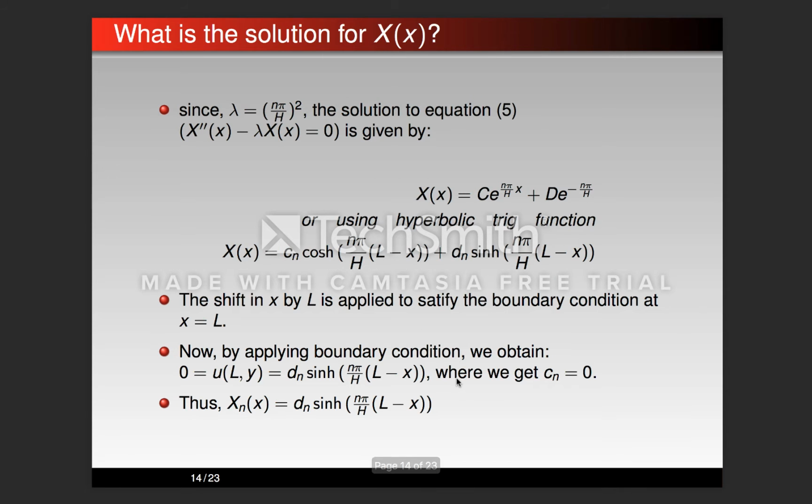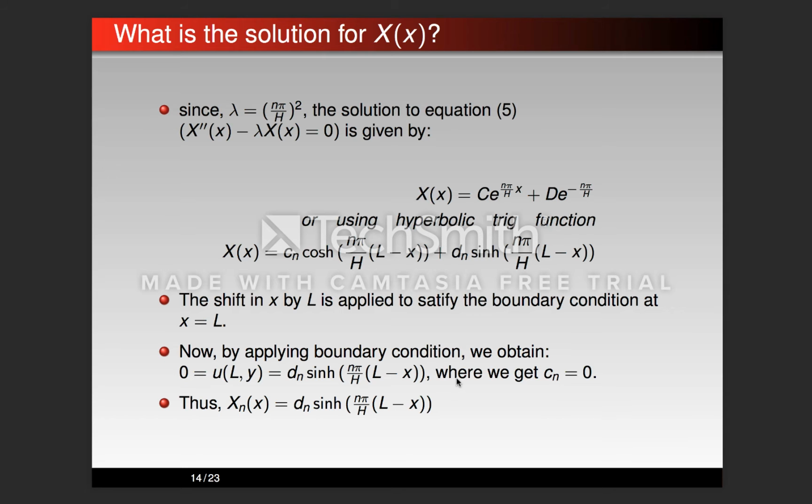So next, what's the solution for the x of x? Since we got lambda equals n pi by h whole square, the solution to the equation x double prime of x minus lambda x of x equals 0 is given by x of x equals constant c e to the power n pi by h x plus constant d e to the power minus n pi by h x.